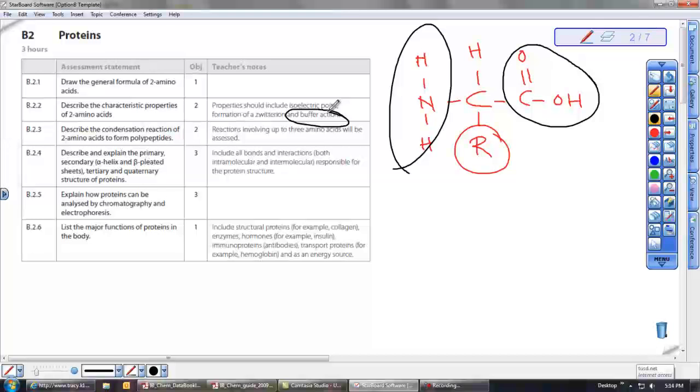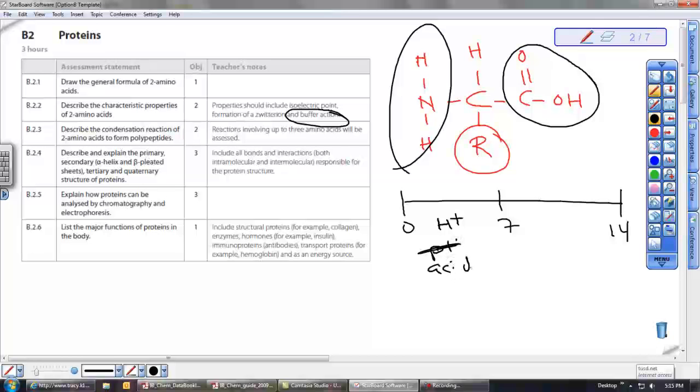Okay, now let's be very clear about this. On a pH scale, this is very important. It's very important for proteins. Very, very, very important. Okay? Now, when pH is below 7, that means we have a lot of H+. Agreed? And it's acidic. Agreed? So, imagine this chemical. Forget the R. It's irrelevant for right now. Just focus on the backbone. We are in the presence of a lot of H+.